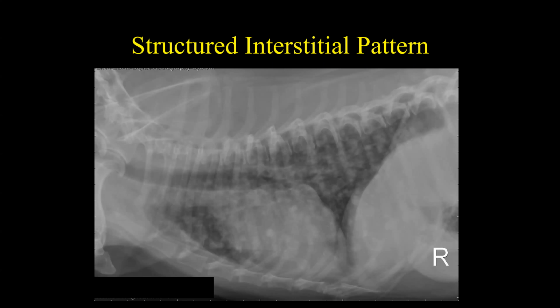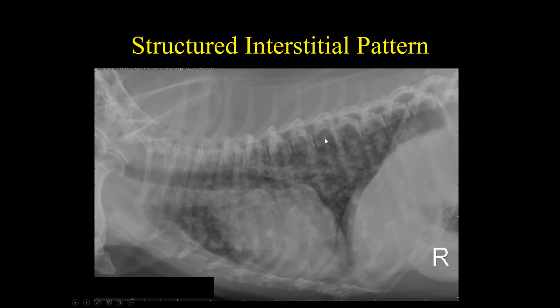They're variously sized. Is only one lung lobe affected, or all the lung lobes? Looks like all the lung lobes are affected. So again, this is a structured interstitial pattern. He's got multiple variously sized, rounded soft tissue nodules with poorly defined margins scattered throughout the lung. Most likely, it's going to be some type of metastatic lung disease, which is a poor prognosis.